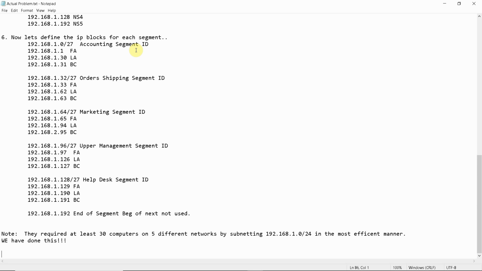So you will need to rewire the network to go into separate switches, and make sure those switches go into the wiring closet and provide access to the computers for accounting, orders, marketing, upper management segment, help desk segment.